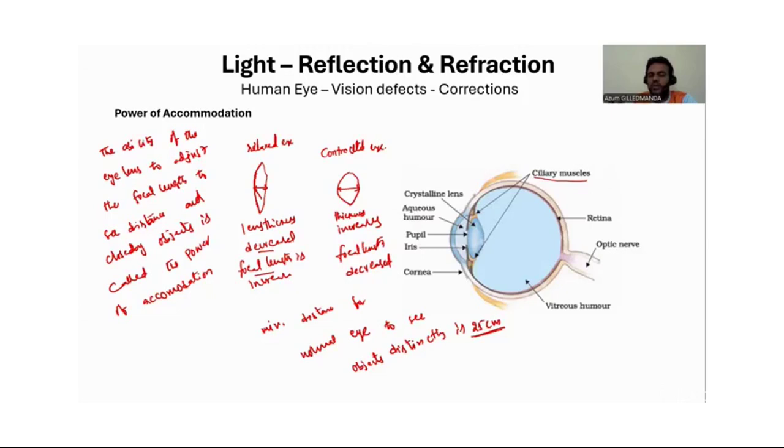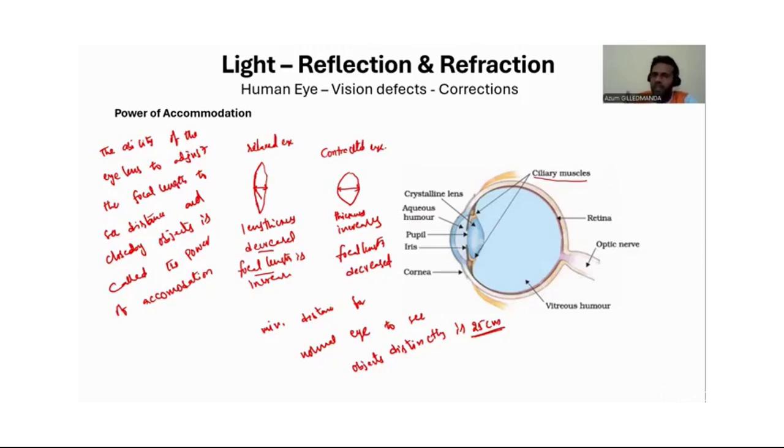Okay. So you cannot distinguish it if the object is like 5 centimeters away, like see, I have something like this, right? Very close. I will not be able to identify that image.